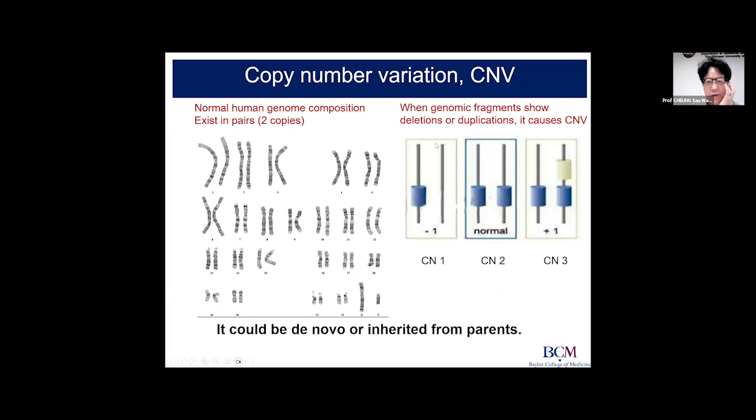And when the genome fragment shows deletion or duplication, it will cause CNV. For example, the normal one, you have 2 copies, right? So you lose 1 copy, then it's a copy number loss, and you gain a copy, it's a copy number gain.